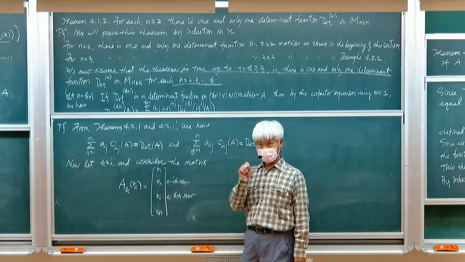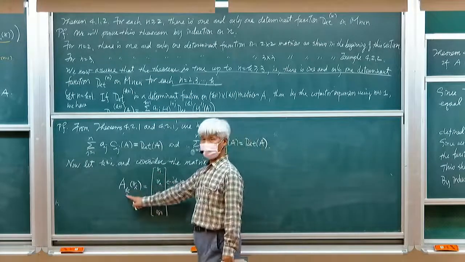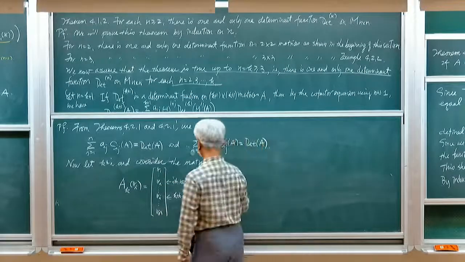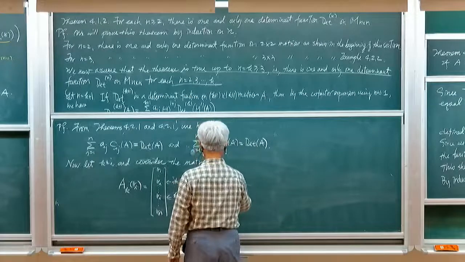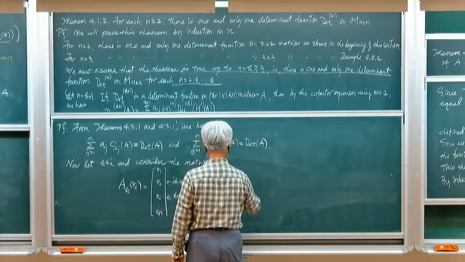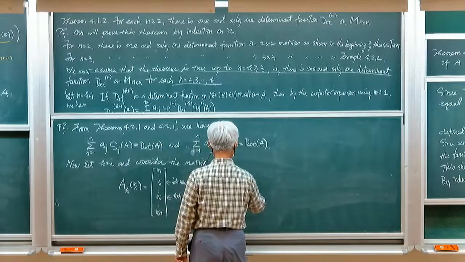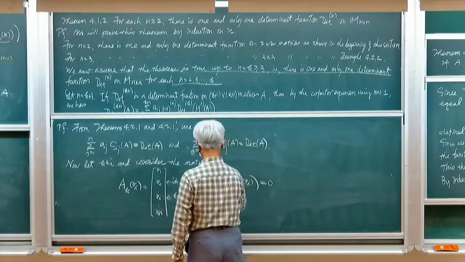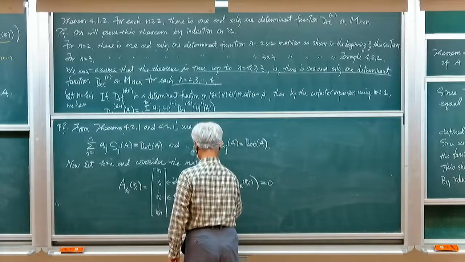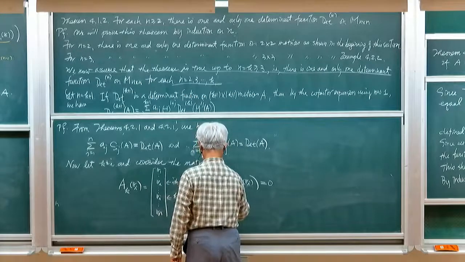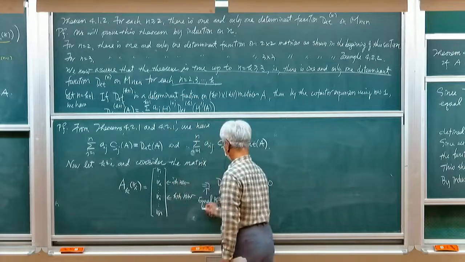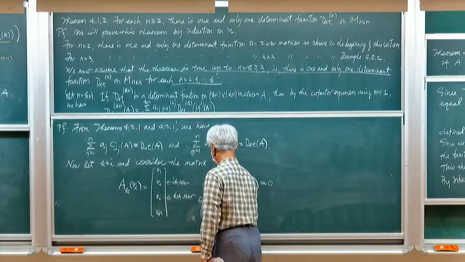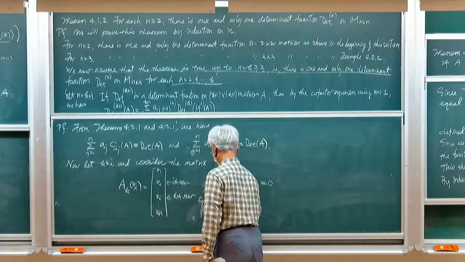So the consequence is that the determinant of this matrix is 0. This implies that the determinant of A_ki equals 0 by the equal row property of determinants.